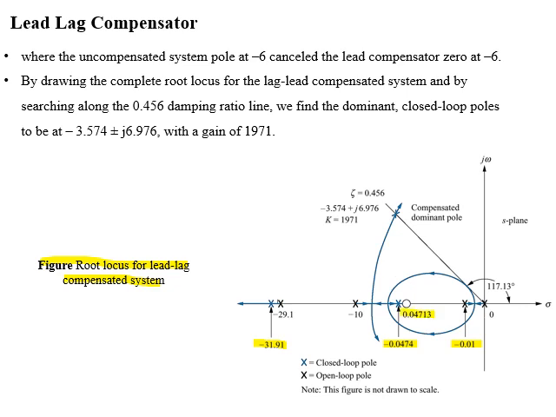Now along the root locus, search for the point where the root locus intersects the line of constant damping ratio, and that is our desired dominant pole location, and the location is minus 3.574 plus minus j 6.976 with a gain of 1971.